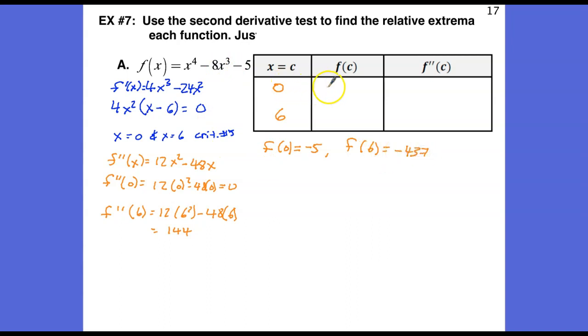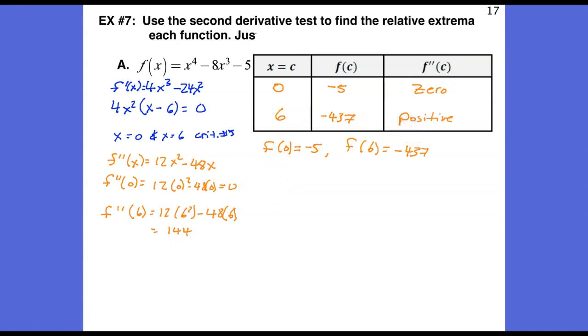So (0, -5) and (6, -437). And f double prime of 0 was 0. And f double prime of 6 was positive.